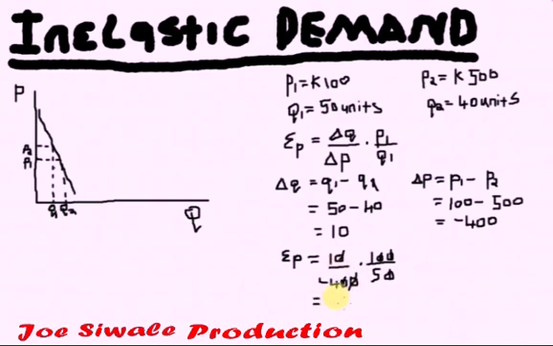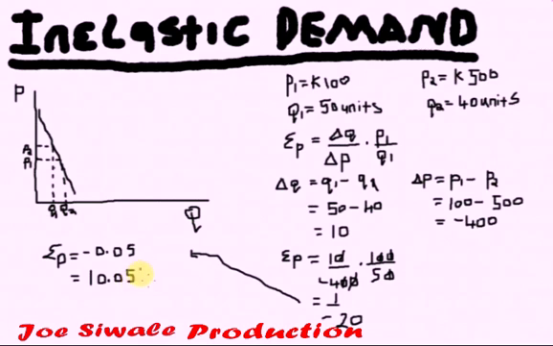After I've done that, I'll say 1 multiplied by 1, that's 1. Negative 4 multiplied by 5, that's negative 20. So I'll just transpose it this side. So I'll say EP is equal to 1 divided by negative 20, that's negative 0.05. So my final answer is 0.05.